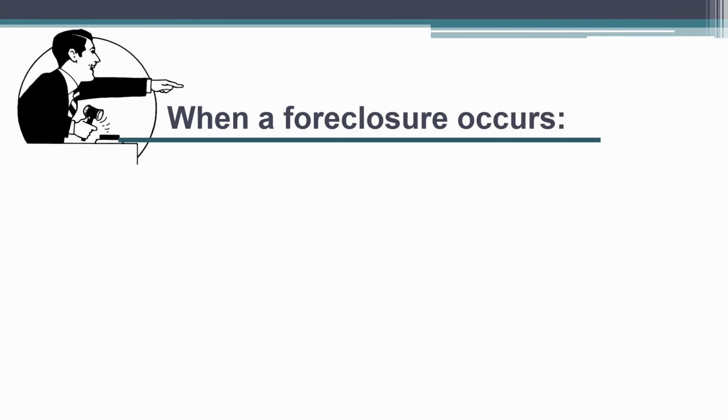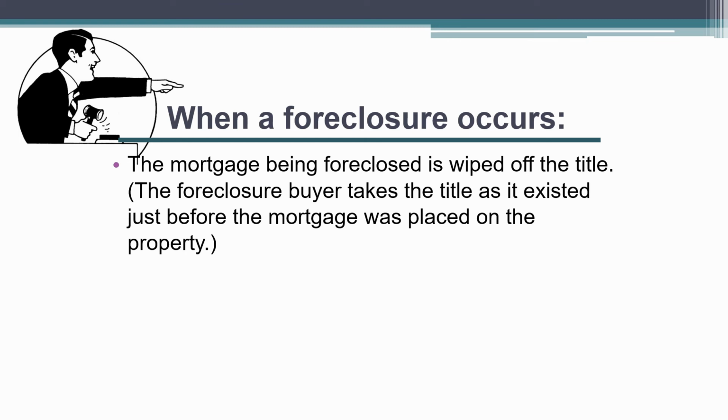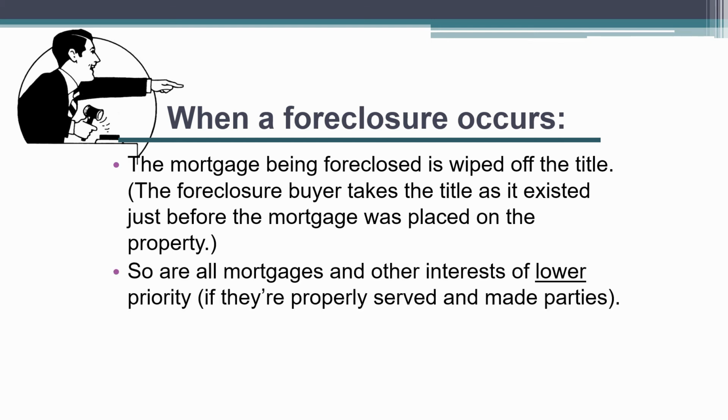When a foreclosure occurs, what happens? Well, the first thing that happens is the mortgage being foreclosed is wiped off the title to the land. So what that means is the foreclosure buyer takes the title as it existed just before that mortgage was placed on the property. Not only is the mortgage being foreclosed wiped off the title of the land, but all mortgages and other interests of lower priority than that mortgage are also wiped off the title to the land, as long as the holders of those mortgages and other interests are properly served and made parties at the foreclosure proceeding.